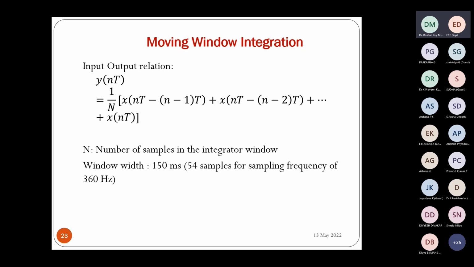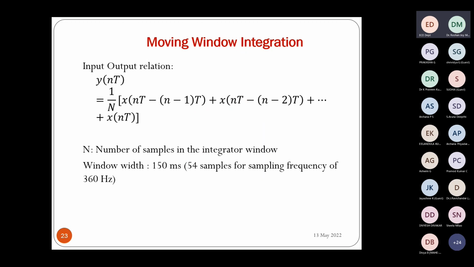So we are doing moving window integration, and this is the input output relation of the moving window filter. n is the number of samples in the integrator window. The window width should be 150 milliseconds, and depending on the sampling frequency, you will get a different number of samples. If the signal is sampled at 360 Hertz, you will have a 150 millisecond window, which is 54 samples here.